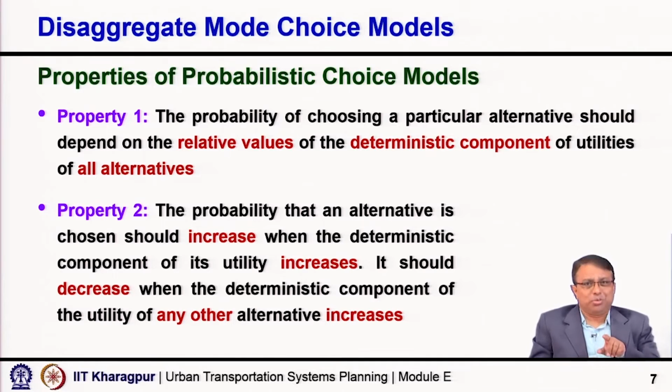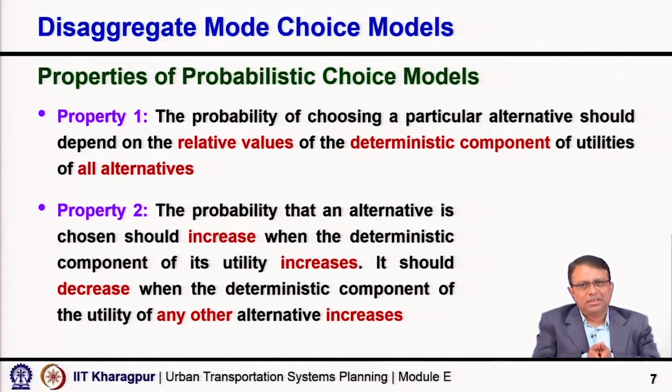But there is also the other part, because we said relative values of deterministic component of utilities of all alternatives. So there is an interdependence. The probability of choosing an alternative will also decrease when the deterministic component of the utility of another competing alternative increases. Let us say A, B and C. If utility of A increases, probability of choosing A will increase.